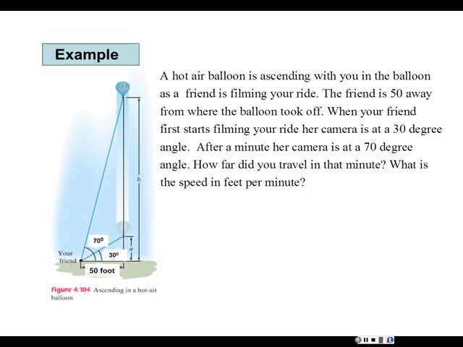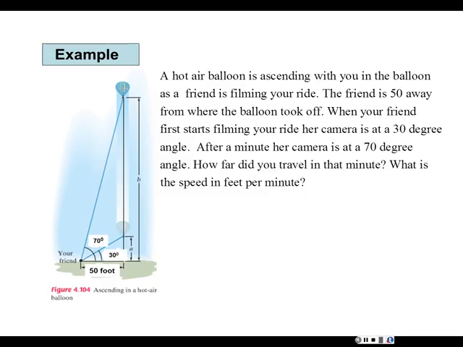Now you have small b and small a. So when you subtract b minus a, you will get the height. Not the height, is basically the distance you traveled in that minute.